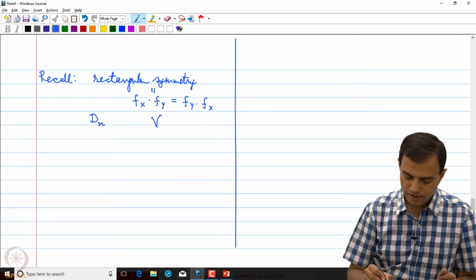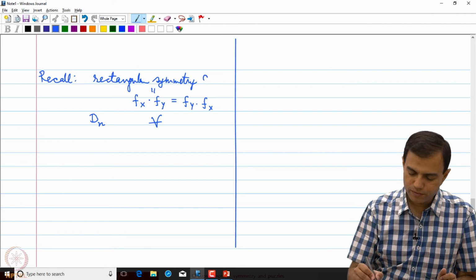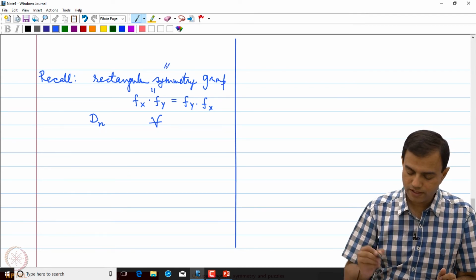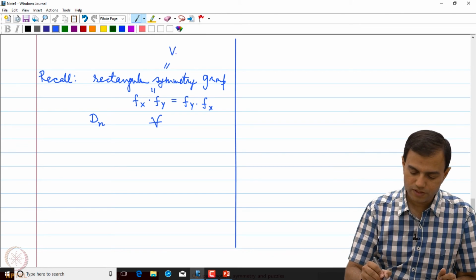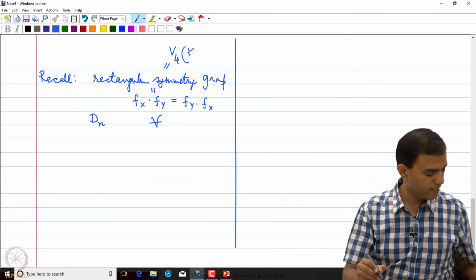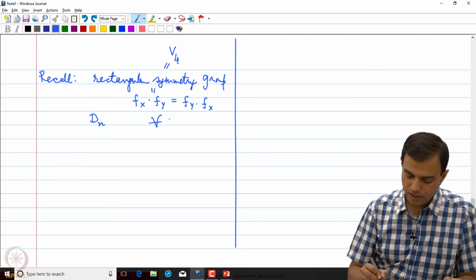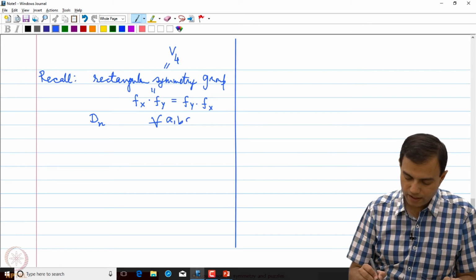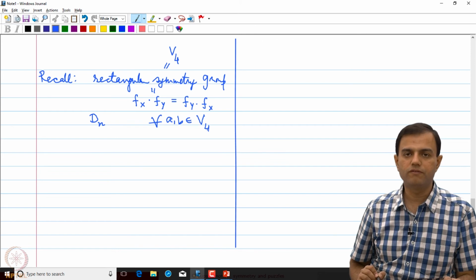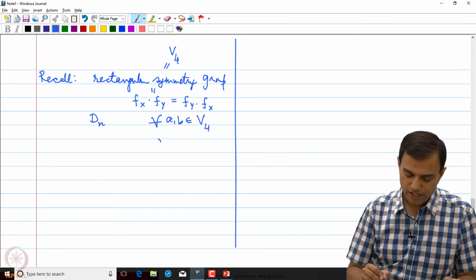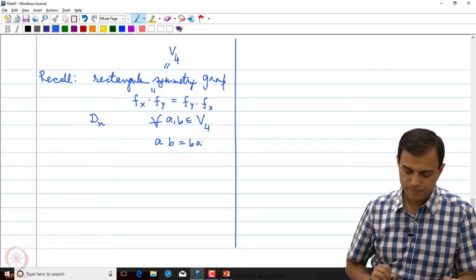So, in fact, rectangular symmetry group has a notation, so I will just stick to that notation. That notation is called V4, it's called Klein's 4 group. So, for every element in the group of symmetries of rectangle, we have that AB is same as BA.